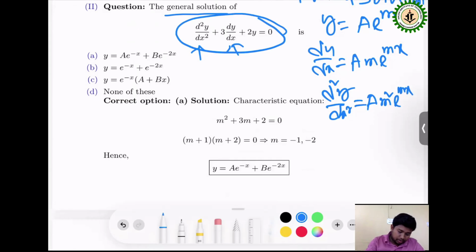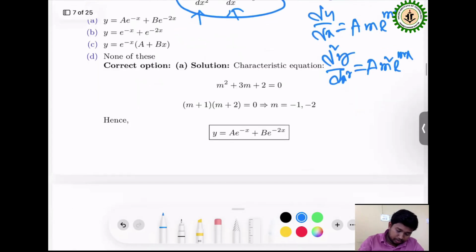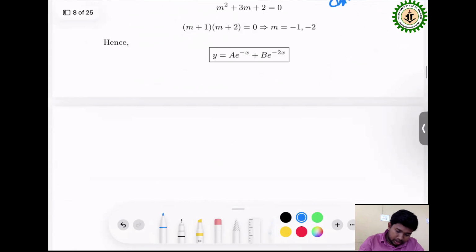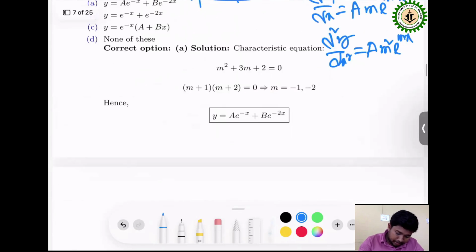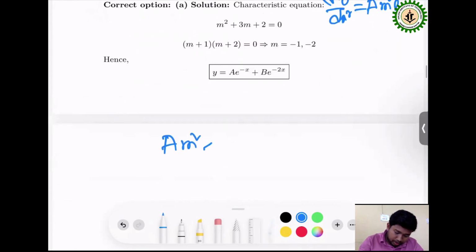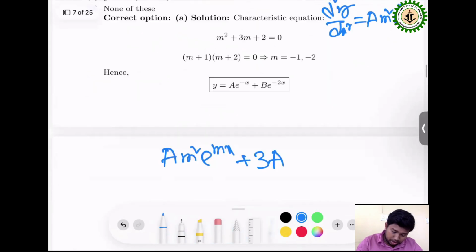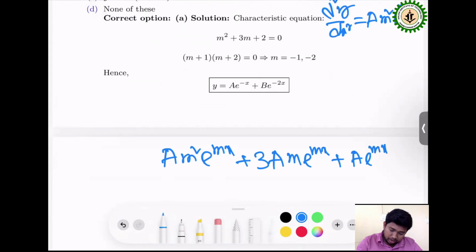Here you can put the value of d2y by dx square, which means a m square e to the power mx, plus 3 into a m e to the power mx, plus a e to the power mx equal to 0.